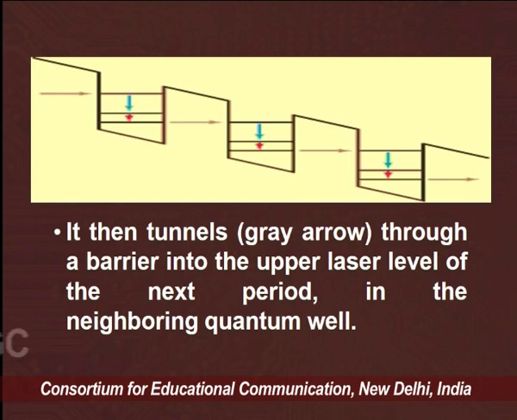Now the third step is that it tunnels through a barrier into the upper laser level of the next period, as we discussed, from the lower level of the previous period to the upper level of the next period, in a neighboring quantum well. The electron then relaxes to the ground, then transfers to another period.